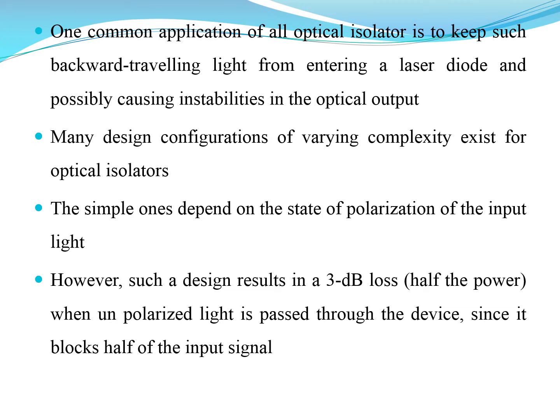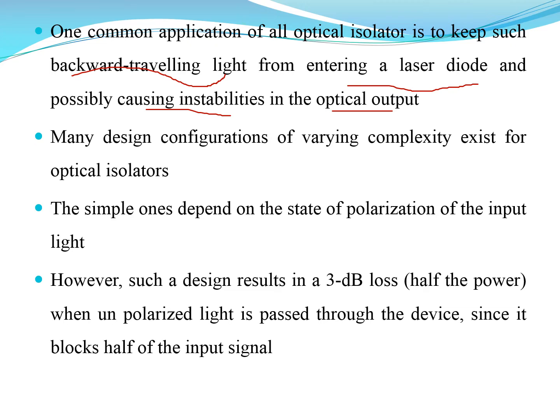The application of the optical isolator is to keep backward traveling light from entering a laser diode and possibly causing instabilities in the optical output. When we apply some input to a device, the light propagates through it and is obtained at the output.